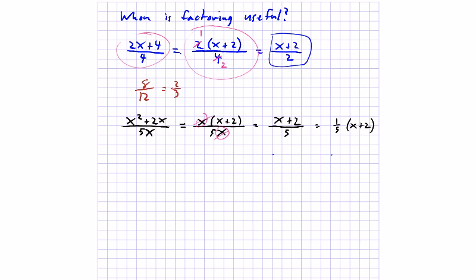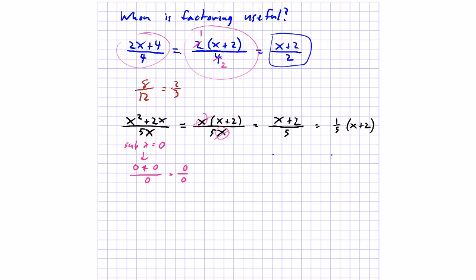Now there is one caveat here. If we started with the original statement and substituted x equals 0, we run into major difficulties, because we get 0 plus 2 times 0 over 5 times 0, which is 0 over 0.